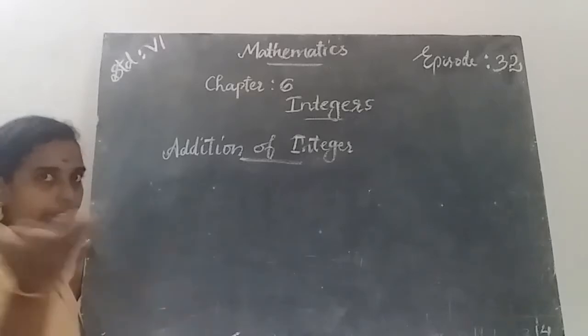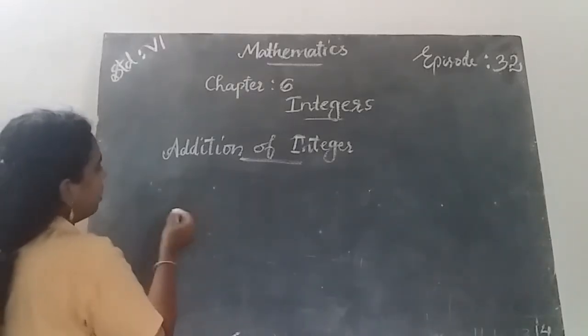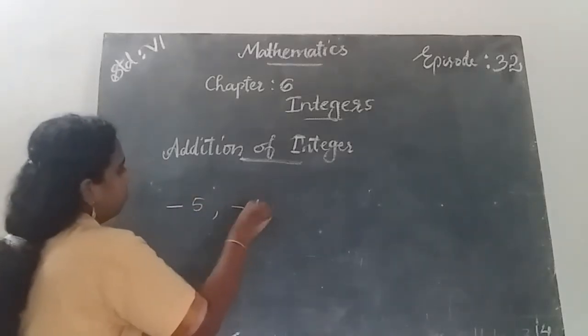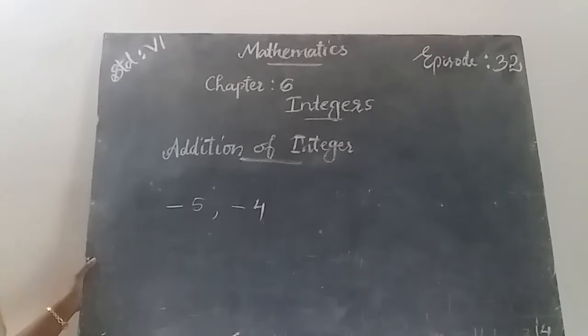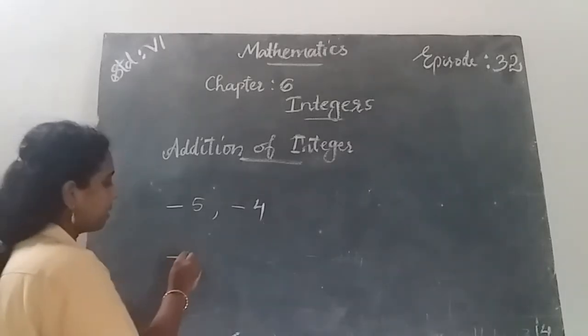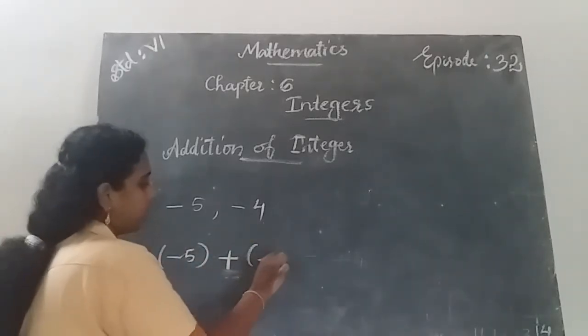If you take any two negative integers, take negative 5 and negative 4. These are two negative integers. We want to add them: negative 5 plus negative 4.